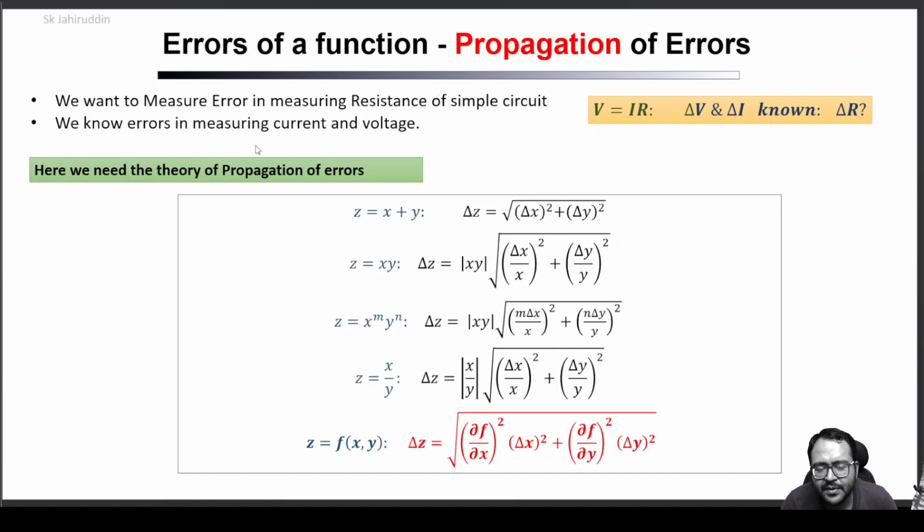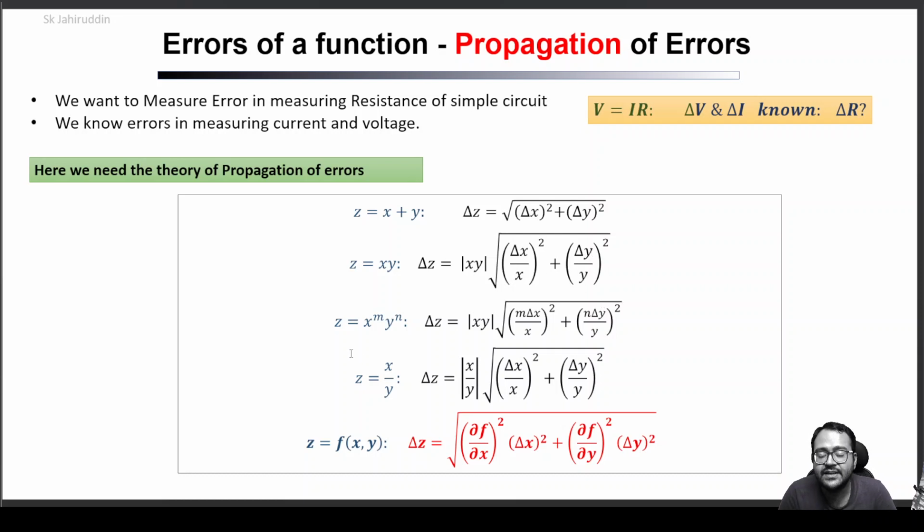The theory of propagation of error tells me that if my variable z is x plus y, then the error in measuring z will be the square root of delta x squared plus delta y squared. If z is xy, delta z will be the modulus of xy multiplied by the square root of (delta x by x) squared plus (delta y by y) squared.